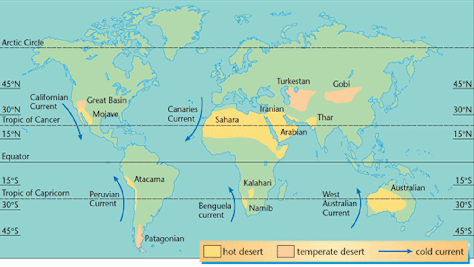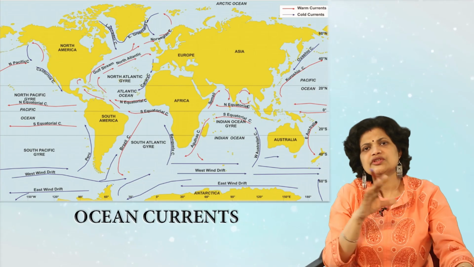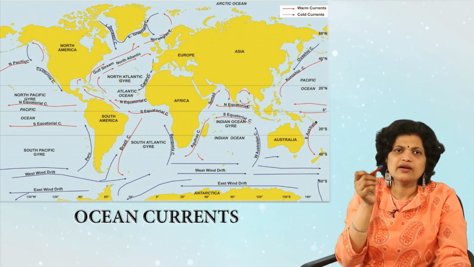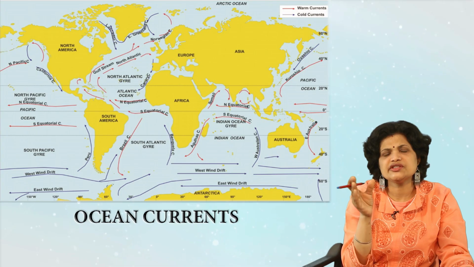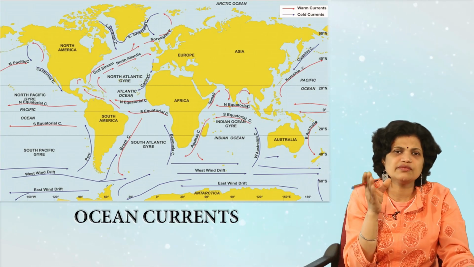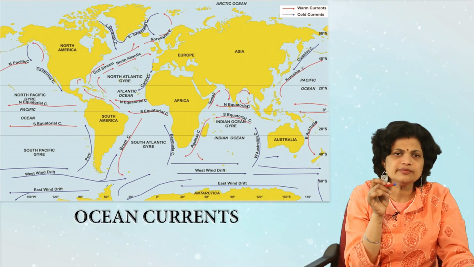So they produce desert conditions along those areas, like Colorado's desert is situated along the California cold current, and the Sahara desert extends even up to the coastline along Canary cold current. Similarly, Benguela cold current in the Atlantic Ocean is responsible for the extension of Kalahari desert even up to the coast. In this way, cold currents are affecting the temperature conditions and vegetation conditions of the areas they visit.